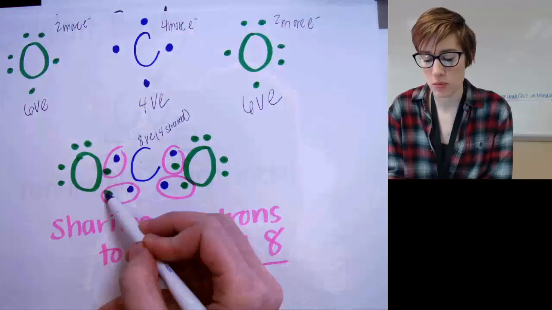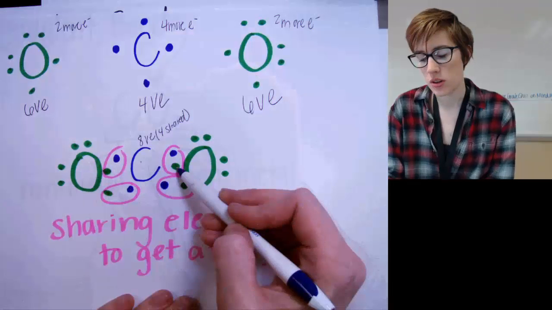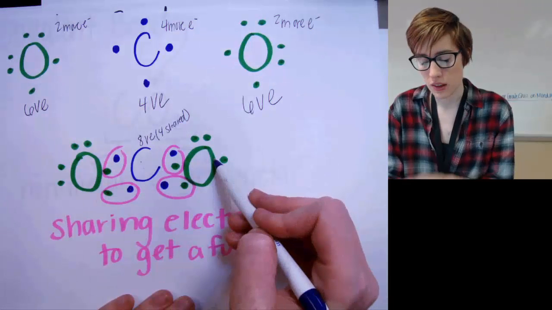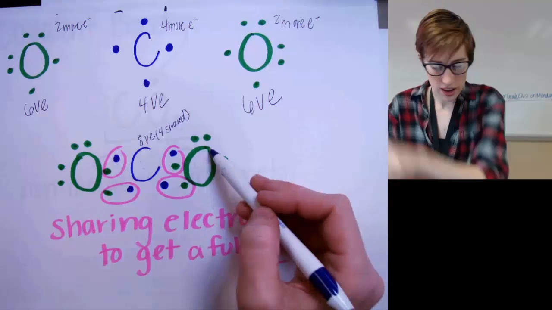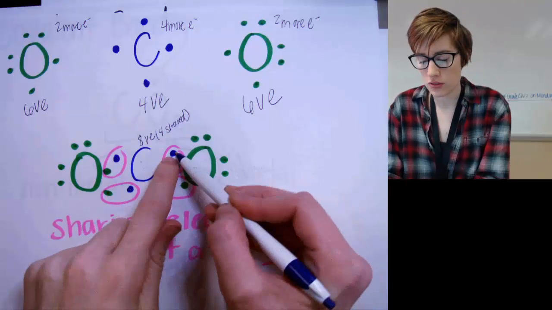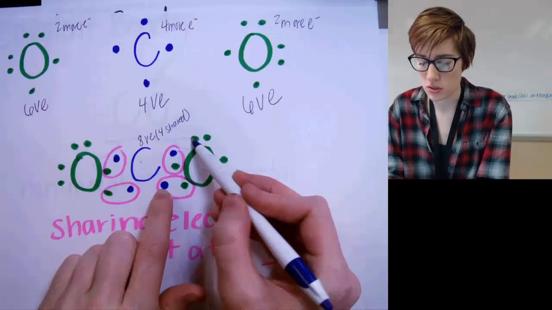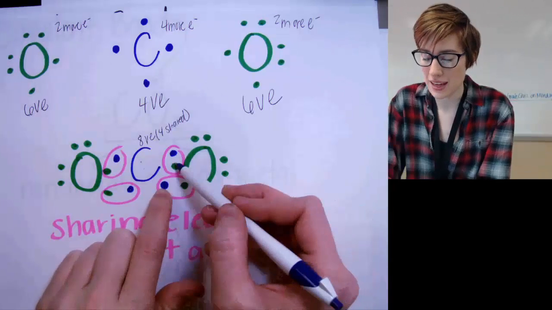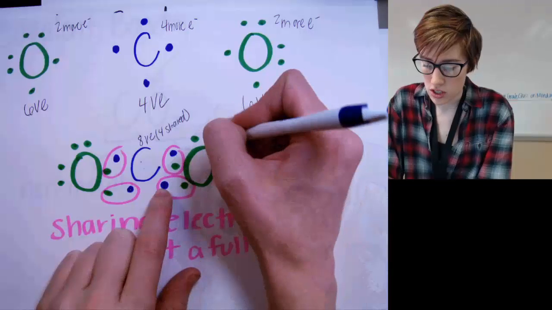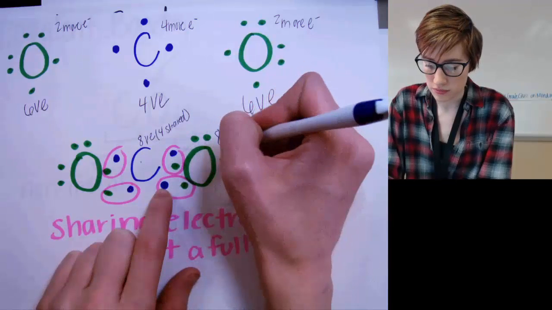It's sharing 2 of them with this oxygen and 2 of them with this oxygen. And this oxygen is sharing 1 electron from carbon there and another electron from carbon here, so it has 1, 2, 3, 4, 5, 6, 7, 8 valence electrons. 2 of them are being shared.